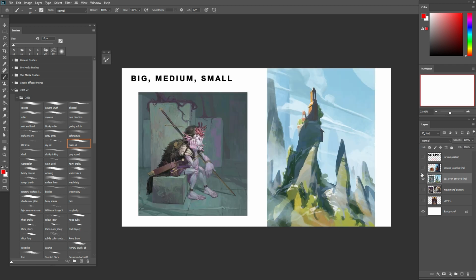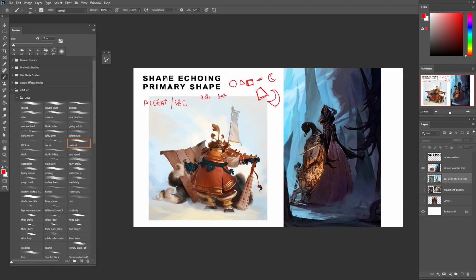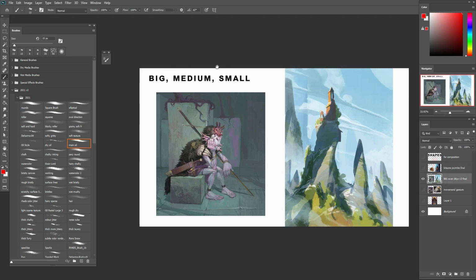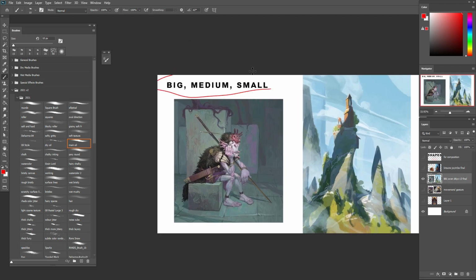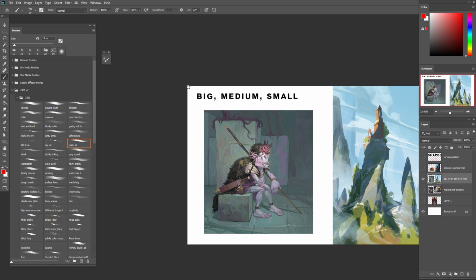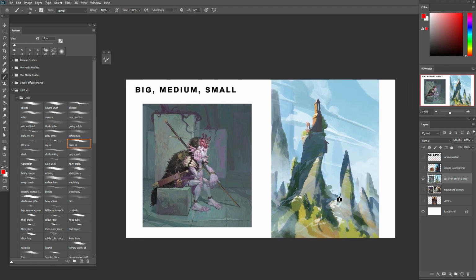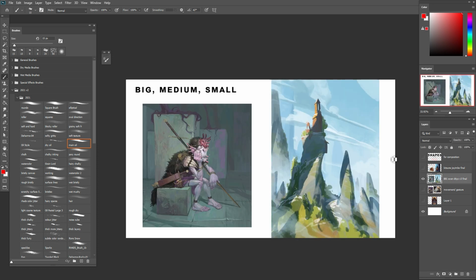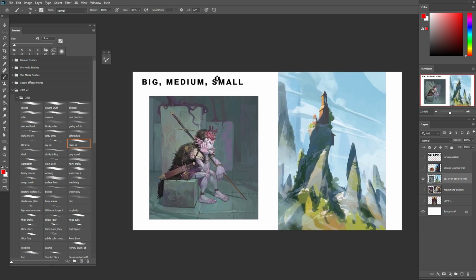Now this is still a relationship, of course, they are related in their character, but this is a question of how they relate in size. And everybody's heard about big, medium, small. Another way to call this would be size variety. And the idea is, if you have a shape that repeats, which you would usually, if you're thinking about this principle, then you want to ask yourself how that shape repeats.